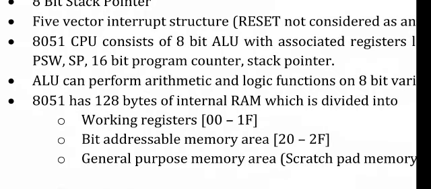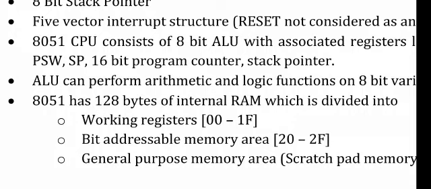Actually, we have talked about the 4 banks of registers. They are part of the internal RAM. These registers are not separate from the RAM. We can use 128 bytes of RAM, or we can divide the RAM into working registers, bit addressable memory, and general purpose memory.